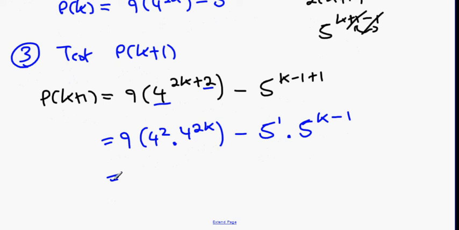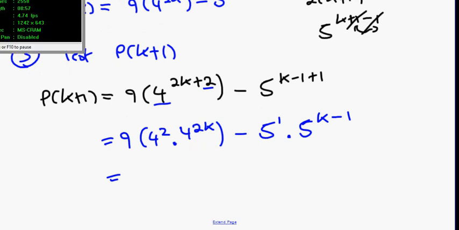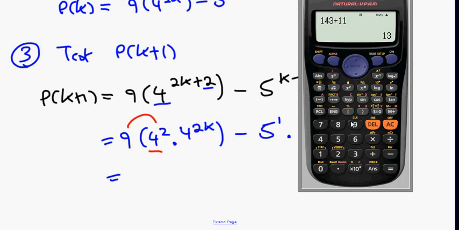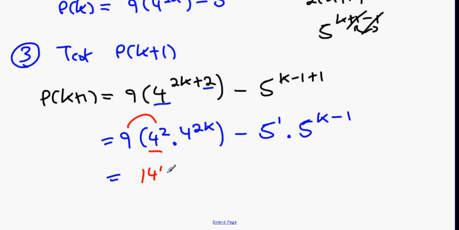Okay? So what we're going to do is multiply the 9 by the 16. So 9 multiplied by 16, I'm pretty sure it's 144. So it's going to be 144 by 4 to the power 2k minus 5 by 5 to the power k minus 1.